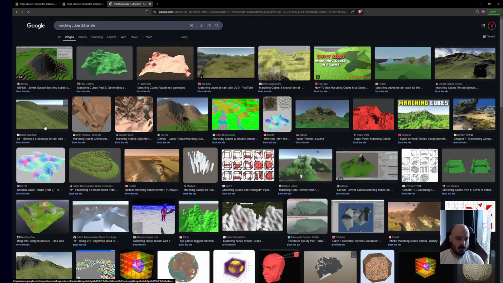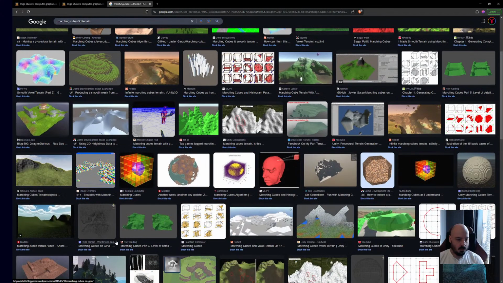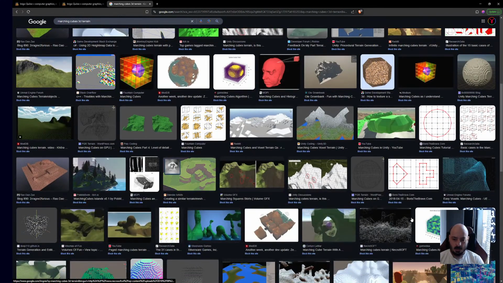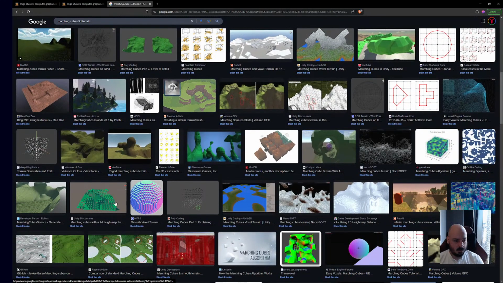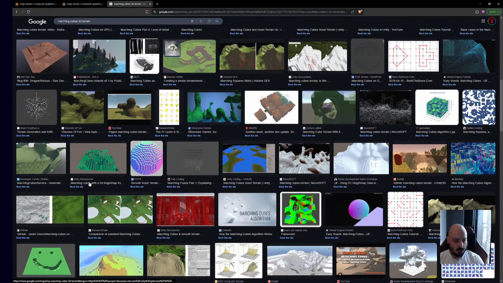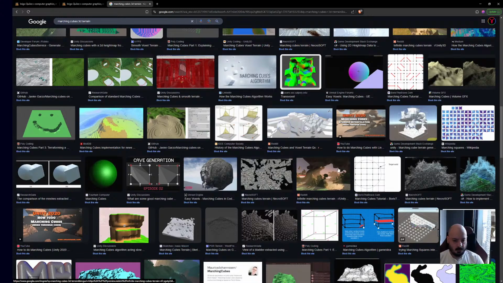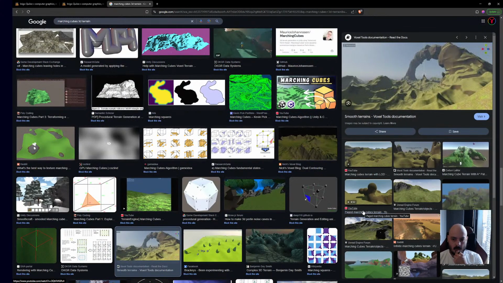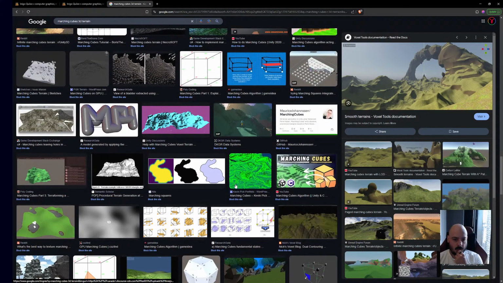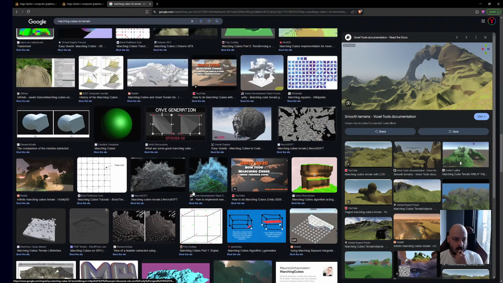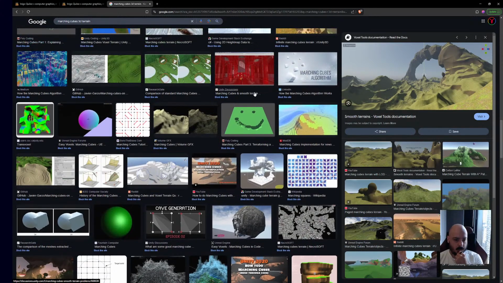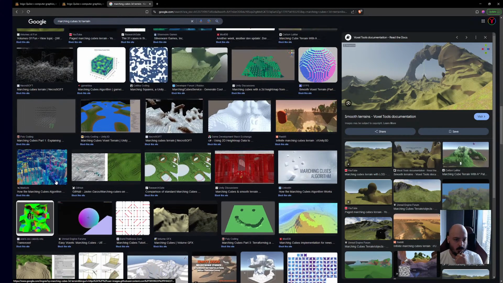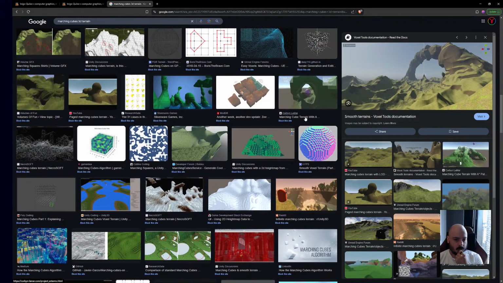I can show an image of sort of what it's going to be like, but I don't think I've seen something that looks exactly like it.